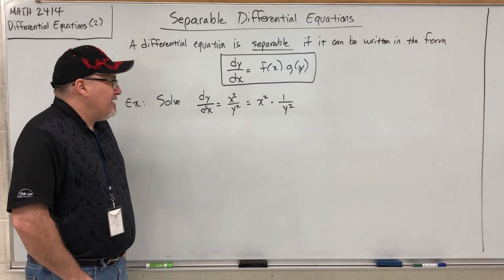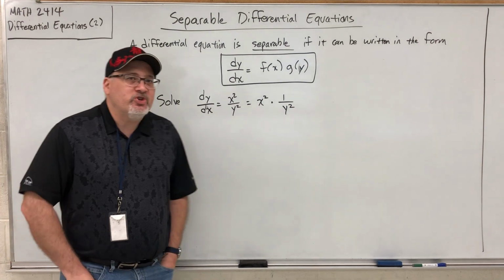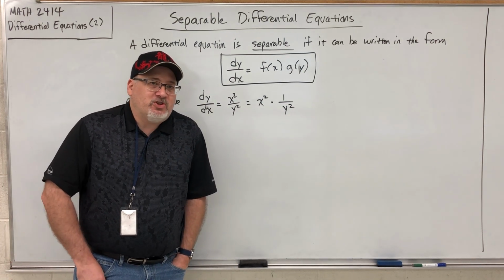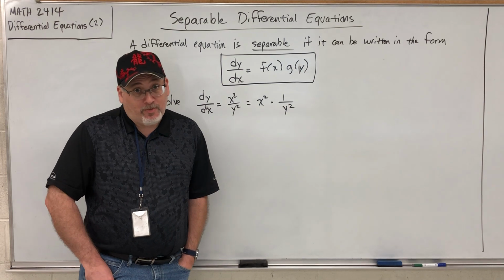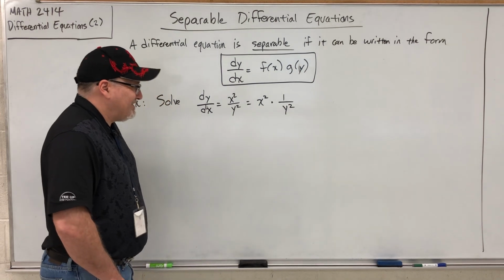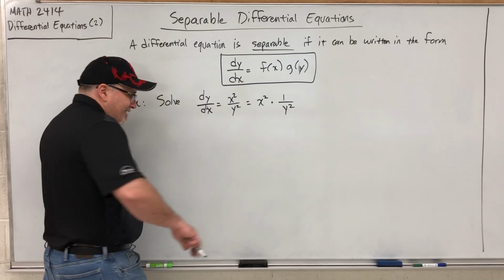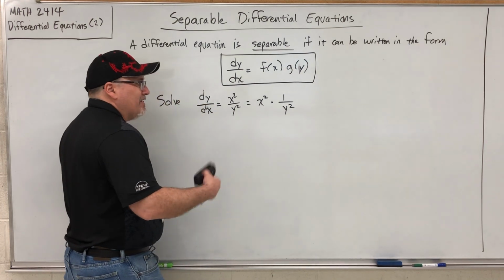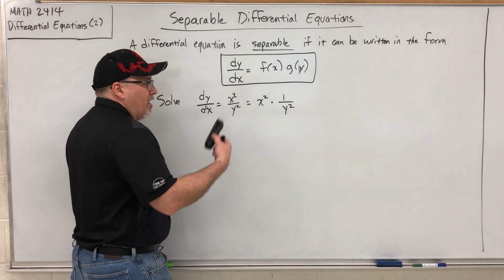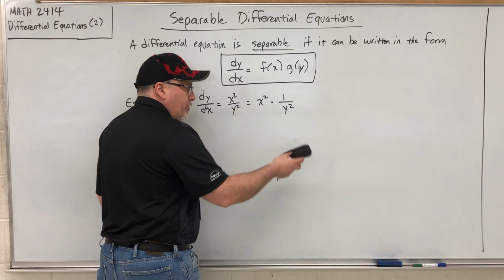So when you see product, you can also think quotient, since a quotient is just a product involving a reciprocal. So it is a separable differential equation, and it's not necessary to literally manipulate it into the product of a function of x and a function of y, although you're welcome to do so.